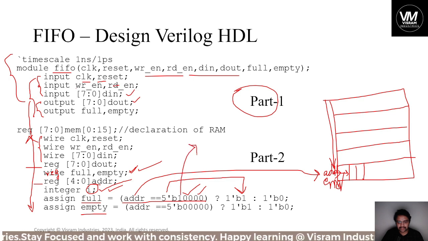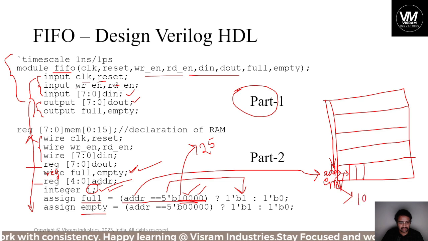It represents 2 power 5. That is the value of the address location of the end point.